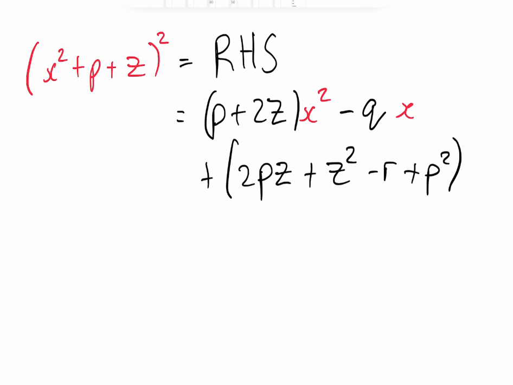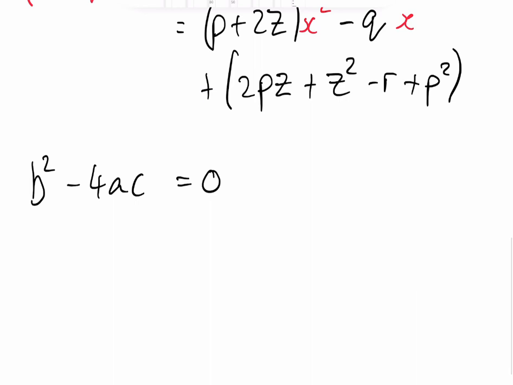And if our quadratic is a perfect square, then we know that b squared minus 4ac must be equal to 0, because if the discriminant is equal to 0, we have a repeated root, but that also means we only have one solution and it is a perfect square. So we are going to write down our b squared minus 4ac next.